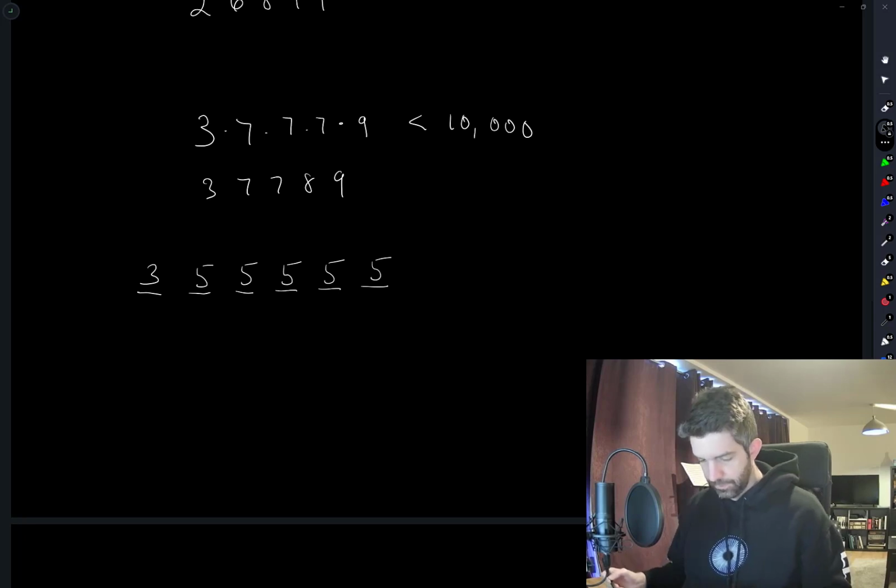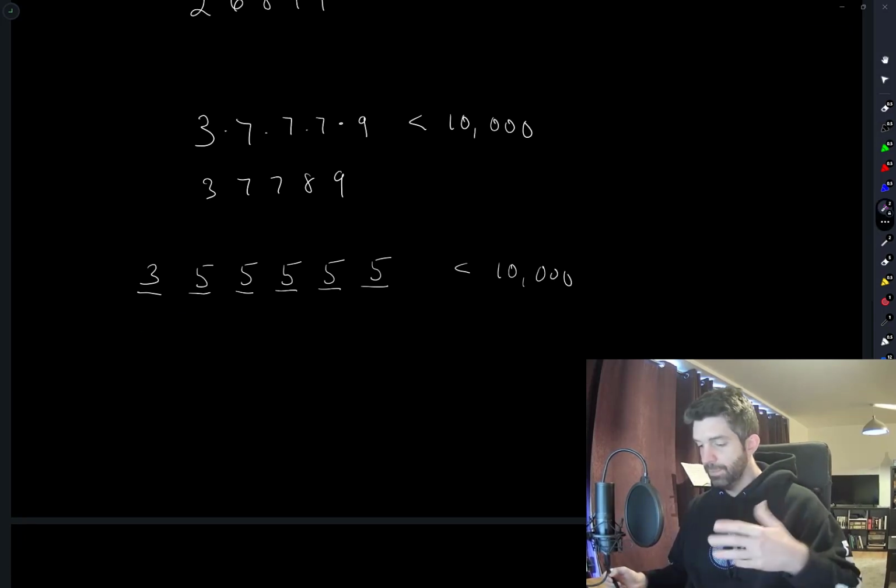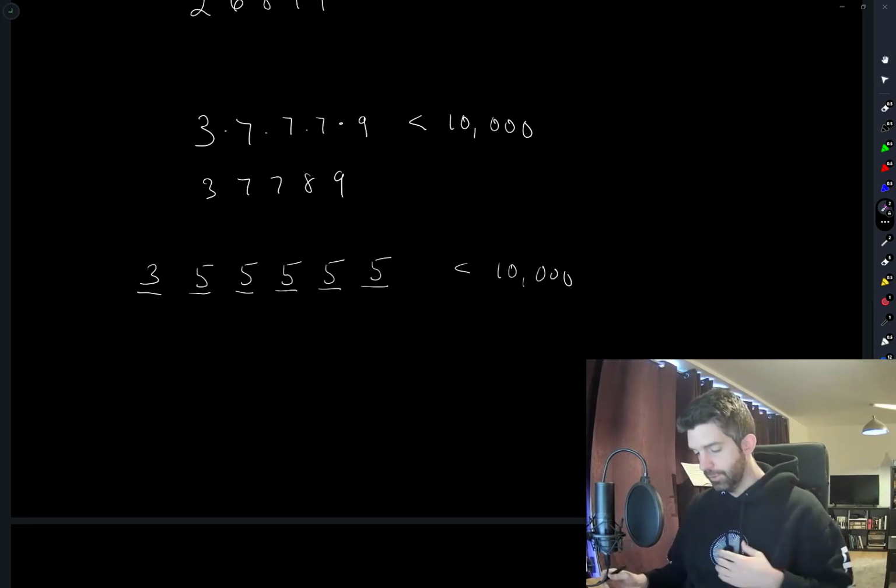So if I do this, this product is less than 10,000. So certainly the number I'm looking for here is, as a legal output, at least 6 digits.